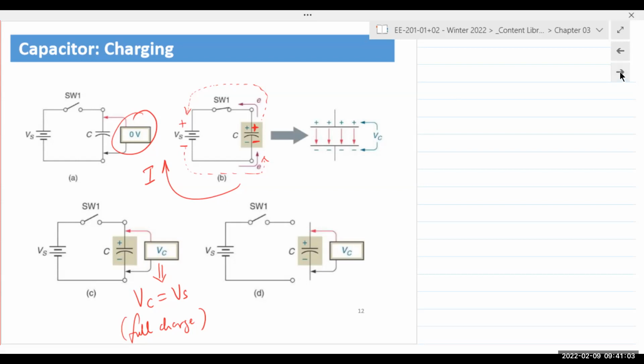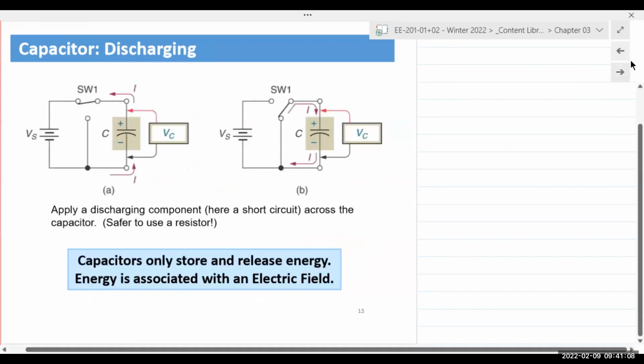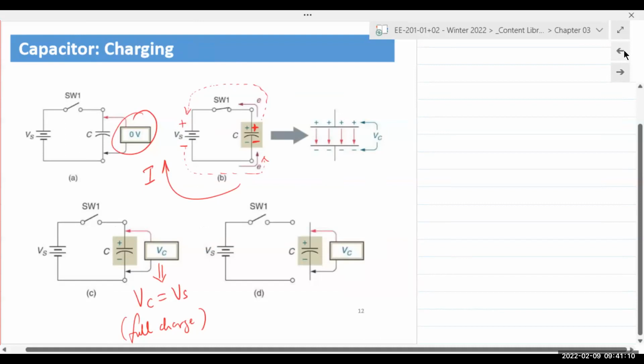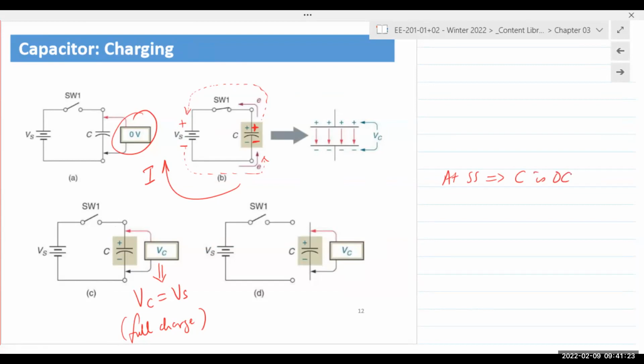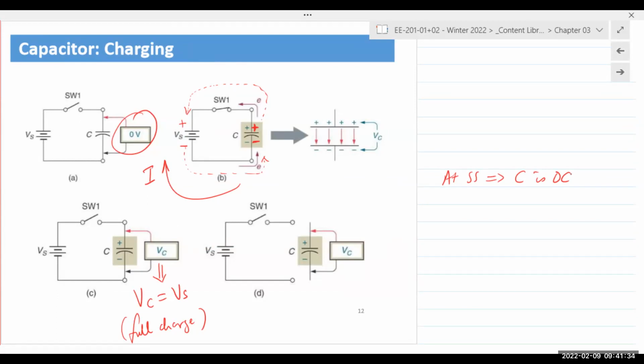And again, I have that in the next few slides. At steady state, capacitor is open circuit. Now, I have this slide in there just to explain the basics or fundamentals of capacitors, but do not get too bogged down in the device physics of operation.